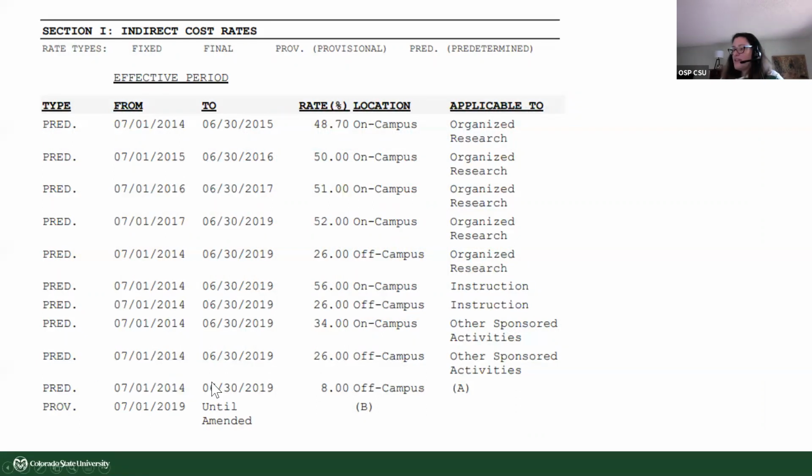Because basically those predetermined rates have run out, they're doing negotiations. And so until that negotiation's done and new predetermined rates or fixed with carry forward are in place, they're under a provisional rate. So this is just a visual example. So predetermined rates are for a set period. Provisional rates are for a temporary period. Any questions on NICRAs?